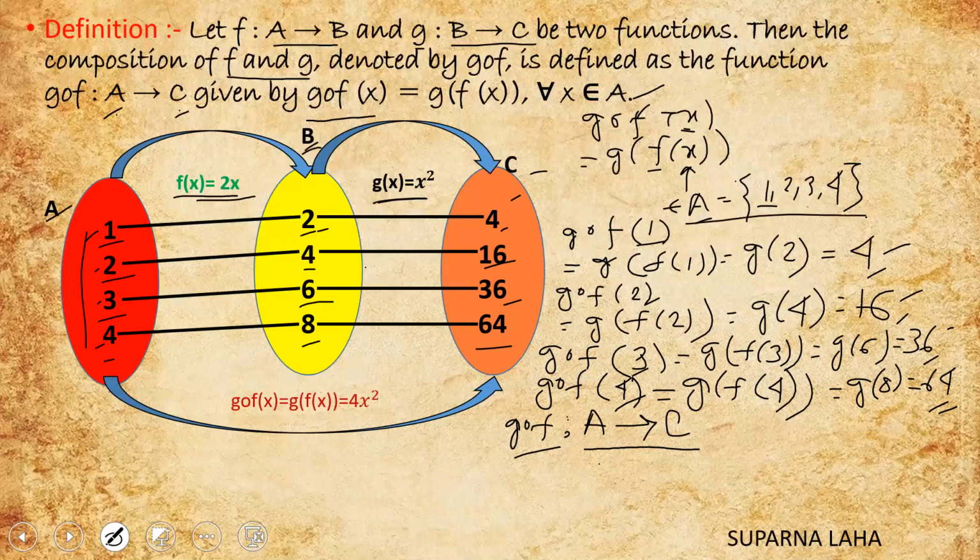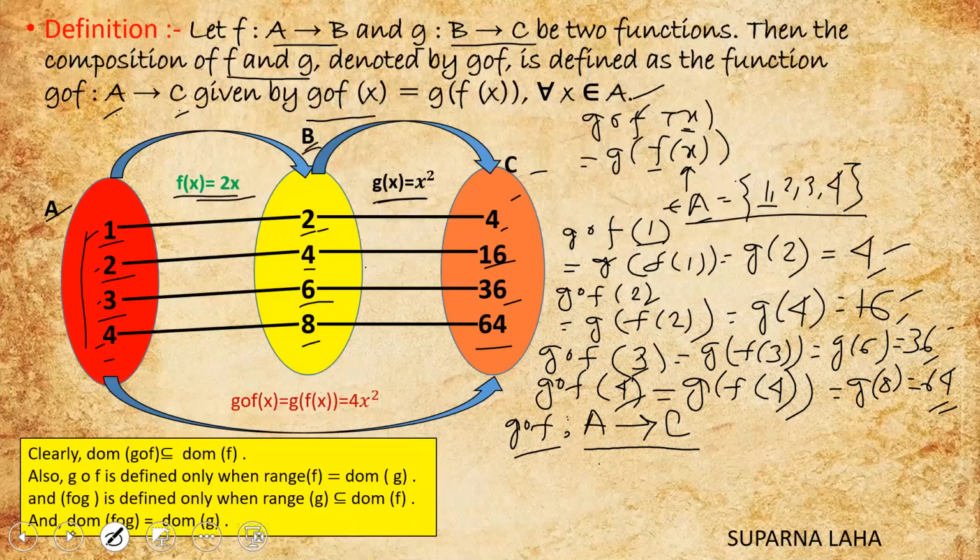We already defined it. Now g of f will be defined only when the range of f and the domain of g are equal. Range of f is B here and domain of g is B here. Both are equal. That time this g of f I can define.